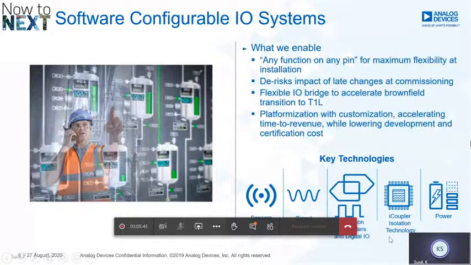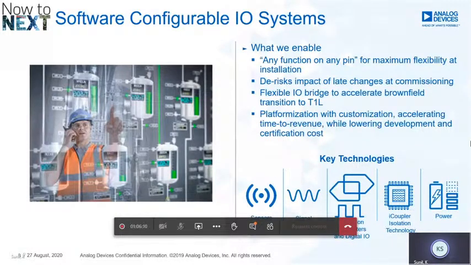So what I mean by configurability, which you will get to know in better depth a little later, is that if you look at a component level, any pin is able to do any function with configurability on the fly. So this kind of de-risks your impact in terms of commissioning. Let us say you commissioned a system, and tomorrow you want to change the architecture because your mix of equipment is changing.